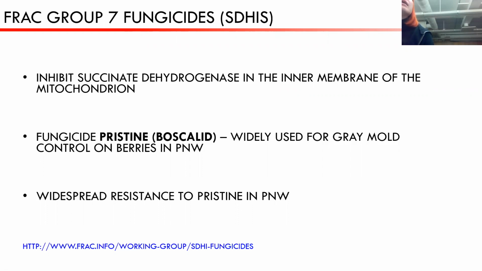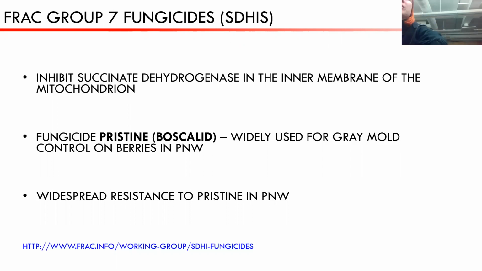These fungicides target a specific enzyme in a fungal cell, called succinate dehydrogenase, in the mitochondria. This way, they disrupt the respiration system of the fungus. So the fungus dies because it cannot produce energy anymore.